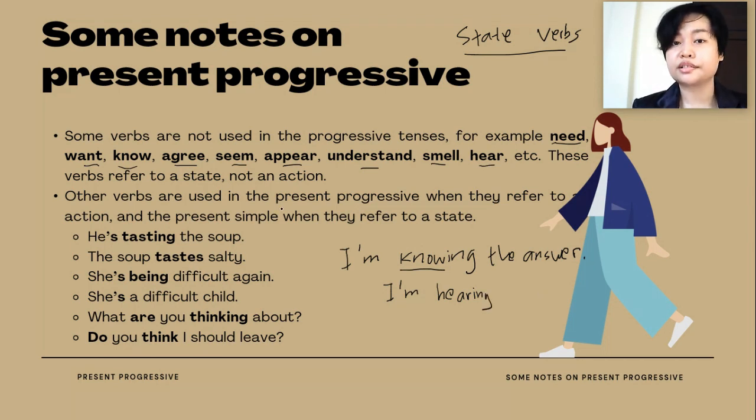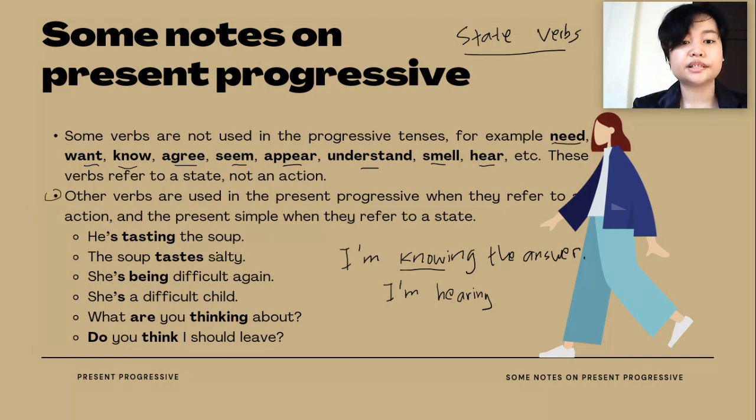However, there are some state verbs that can be turned into action verbs. Now take a look at this one. Other verbs are used in the present progressive when they refer to action, and the present simple when they refer to a state. This is what I am talking about. Okay?